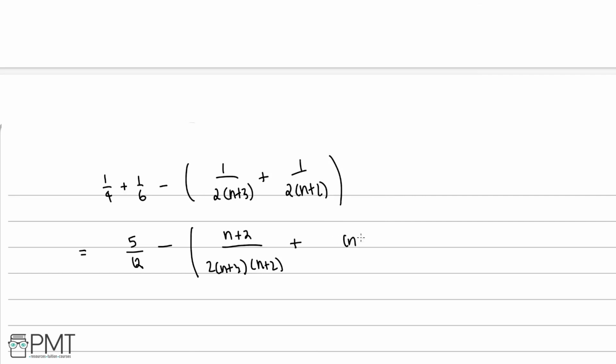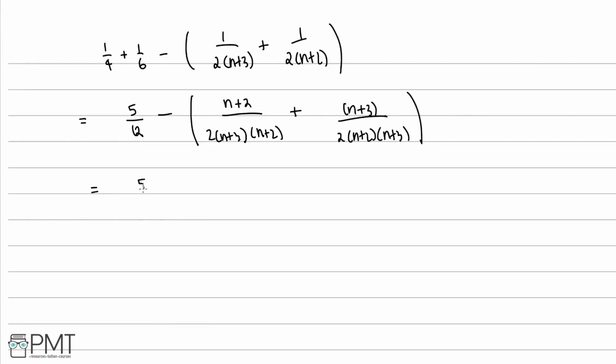So it will be n plus 3 over 2 times n plus 2 times n plus 3. So we get 5 over 12 minus 2n plus 5 all over 2 times n plus 3 times n plus 2.